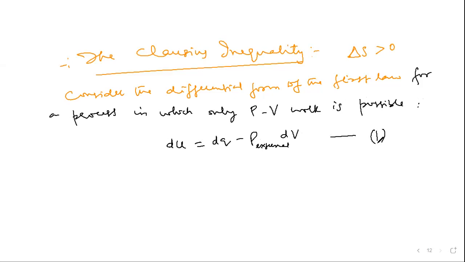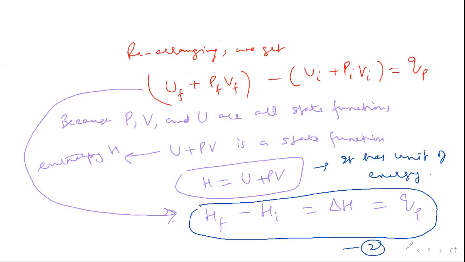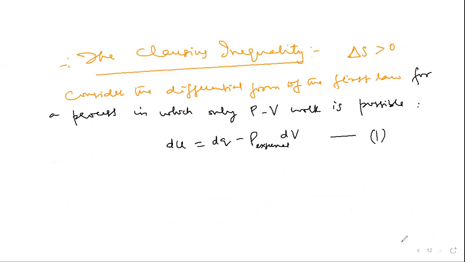Let me name it equation 1. This equation is for this particular topic, the Clausius inequality. Don't mix it with the previous equations. So we had already equation 1, 2. Forget that. Now this is equation 1 under this particular heading, the Clausius inequality. So we have written the differential form of the first law for a process in which there is only PV work possible.